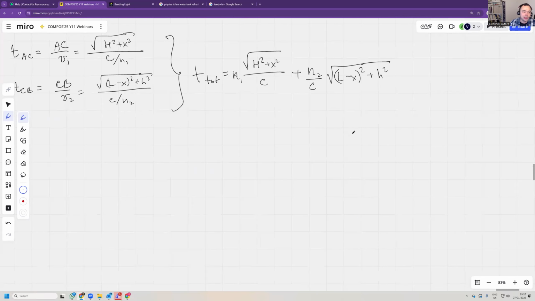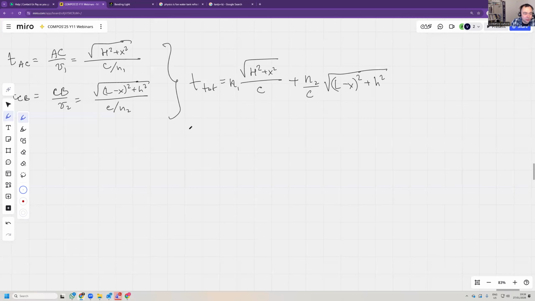And now we differentiate to find the minimum, to minimize t total, we differentiate.